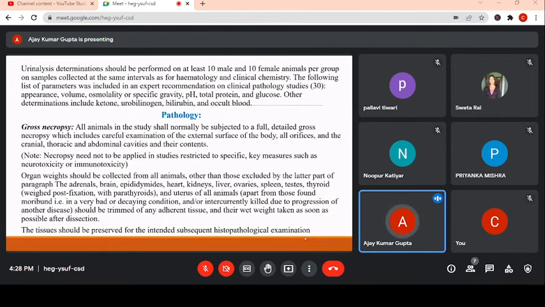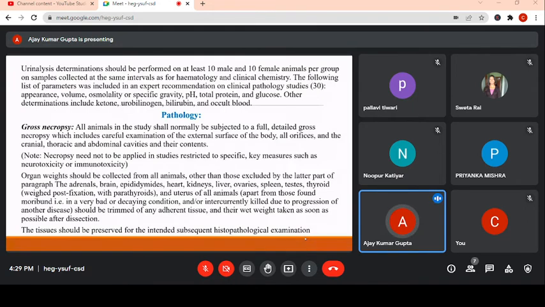Other determinations include ketone, urobilinogen, bilirubin, and occult blood. So this is about the biochemical parameters and hematological parameters in the observation.